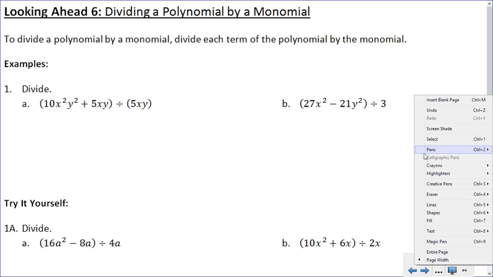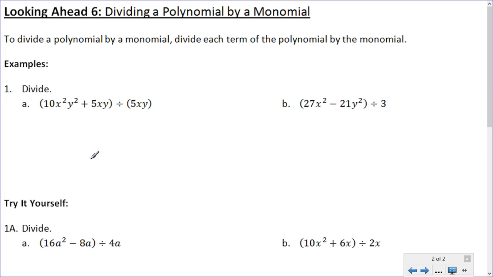So we'll take the first term, the 10x squared y squared, and we'll divide that by 5xy. And then we'll take the second term and divide it by 5xy. And then we'll simplify each one separately.